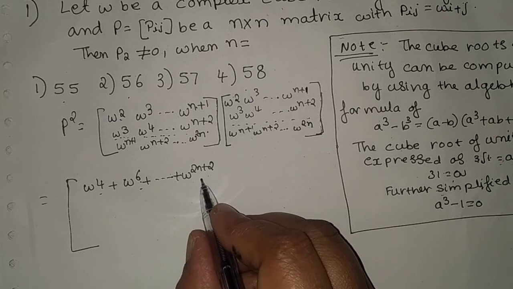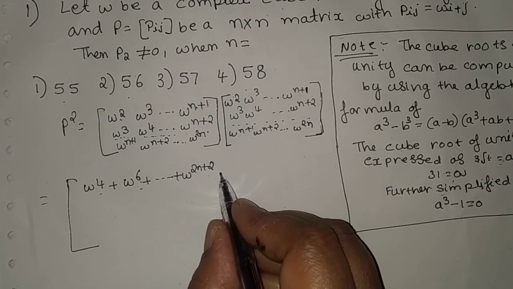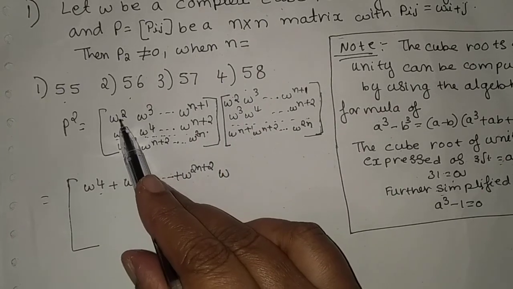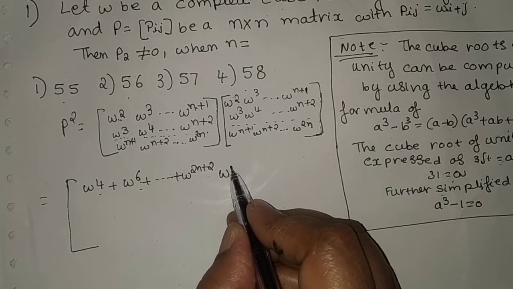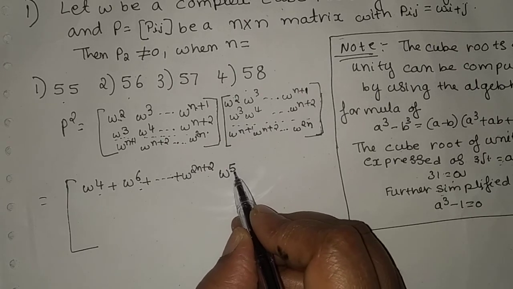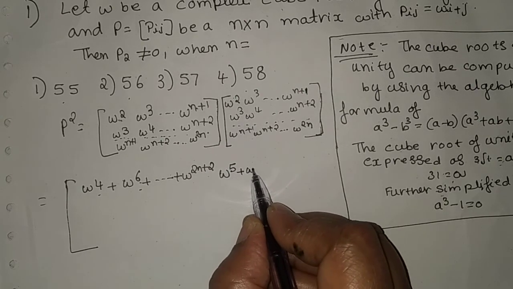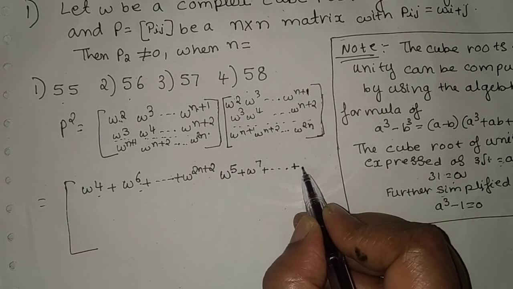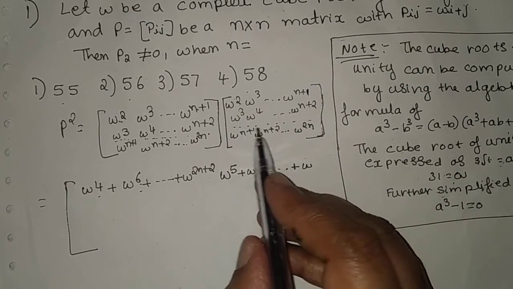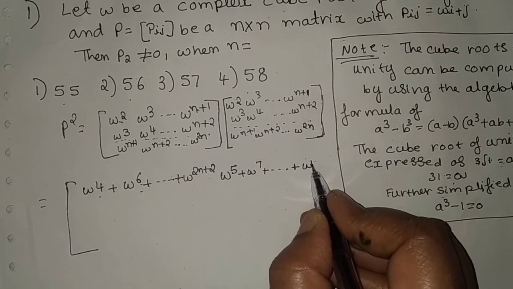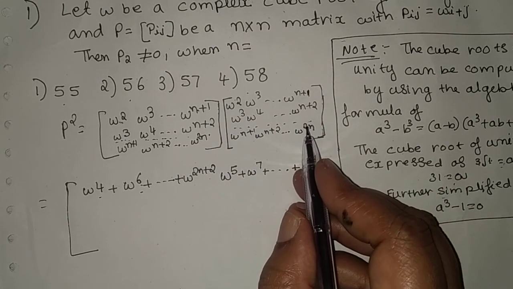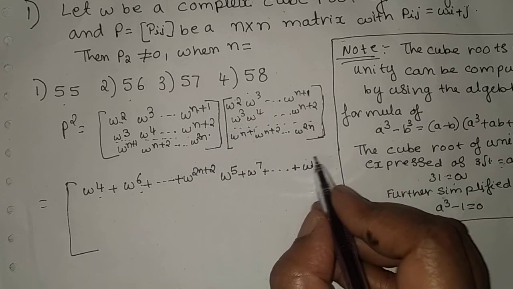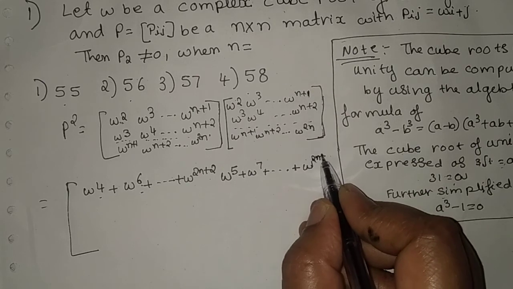Next, you can leave some space after this, that is w5, 3 plus 2 is 5. Next is plus w7, this continues. Next, w^(n+1) times w^(n+1) will become 2n plus 2, and then w^(2n+3).